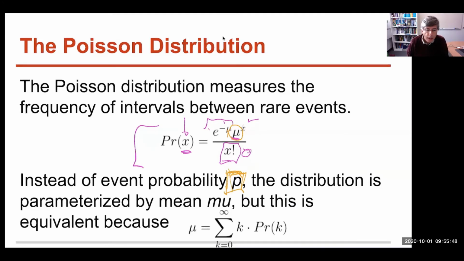It's often hard to figure out the probability that someone's going to survive to the next day, but it's easy to tabulate what the expected lifespan is. So what's good about the Poisson distribution is that it's parameterized by something easy to calculate, the mean, easy to observe and get statistics on.